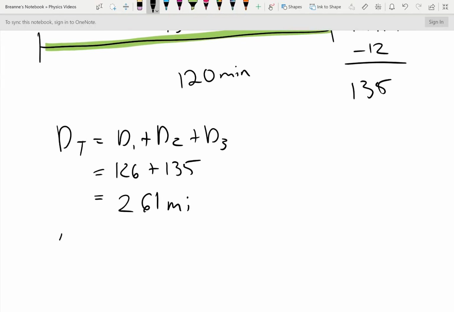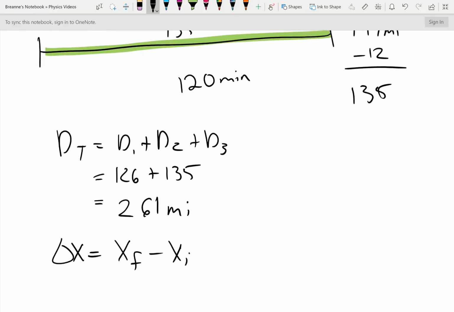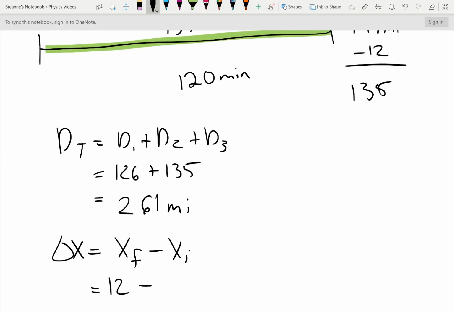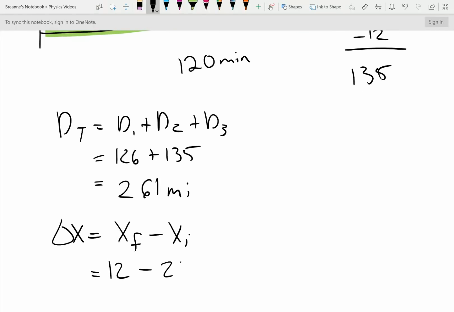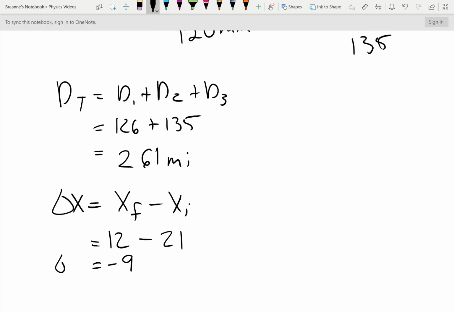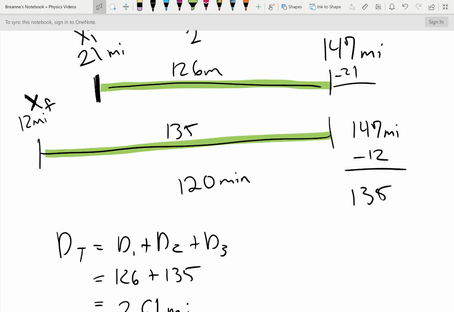Now displacement. Displacement has an equation: your final minus initial. Your final mile marker was 12, your initial mile marker was 21. So you just do 12 minus 21, and that gives you -9, which makes sense because you had to go past where you started to get to CTC.